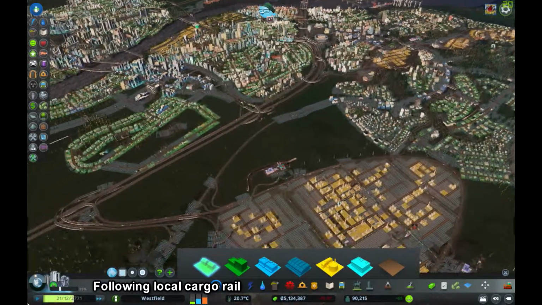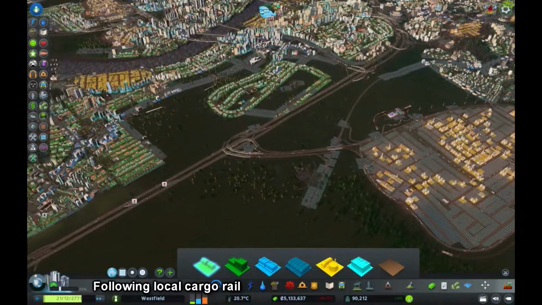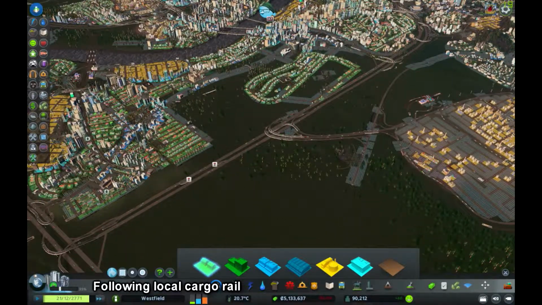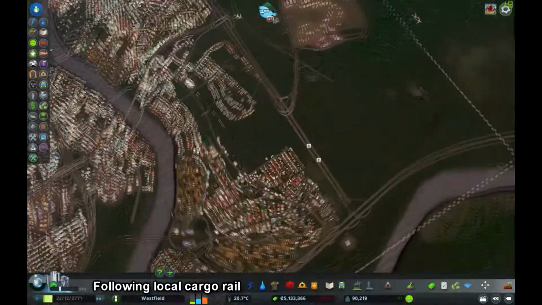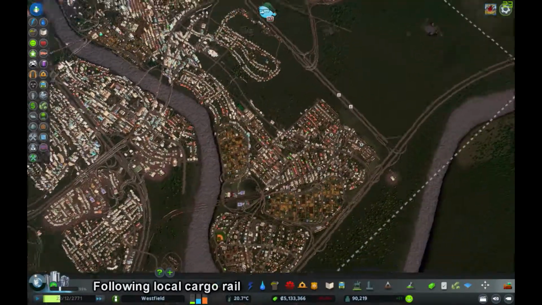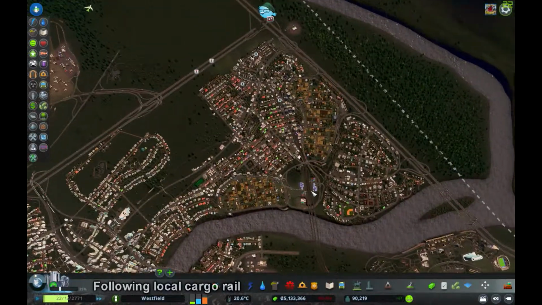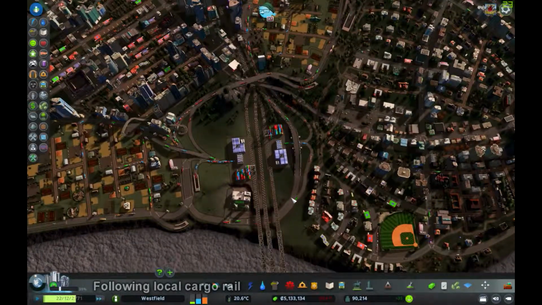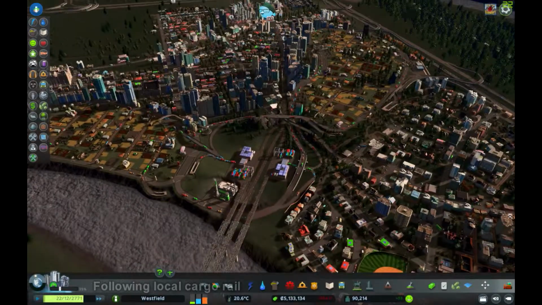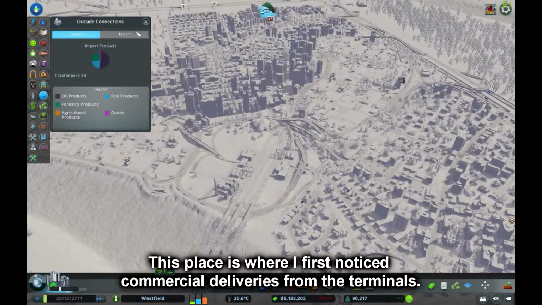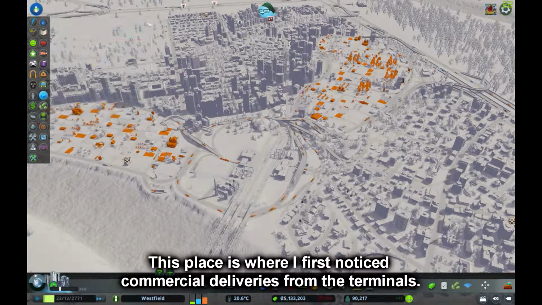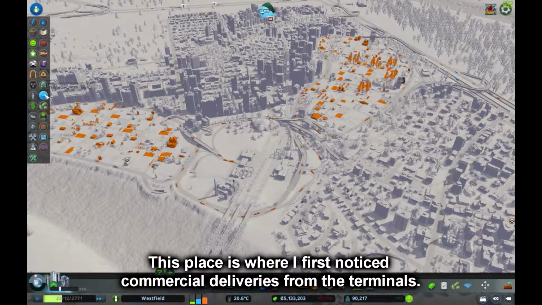These guys will deliver for here. But this is pretty much done by these two guys, right? They pick up all the goods from the farms and they will deliver them for export.